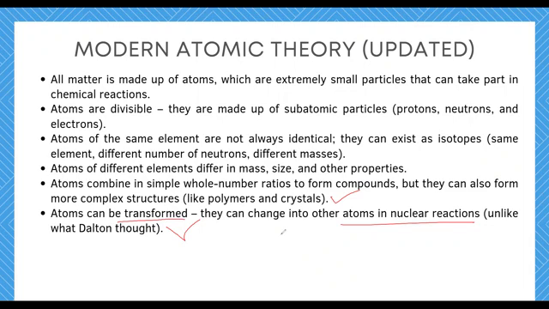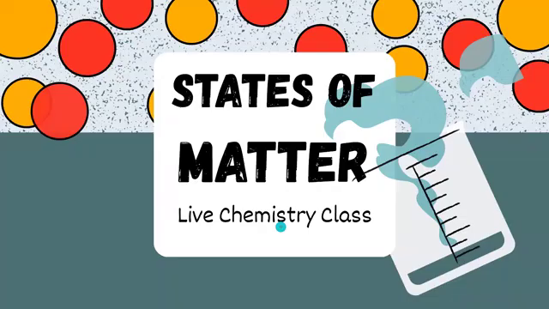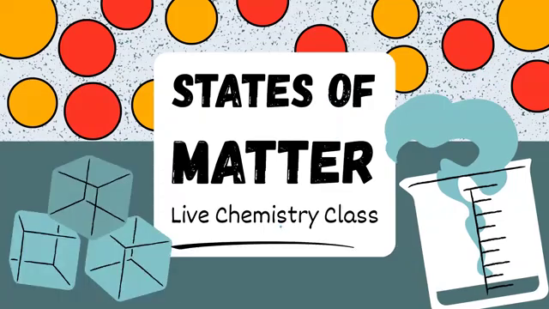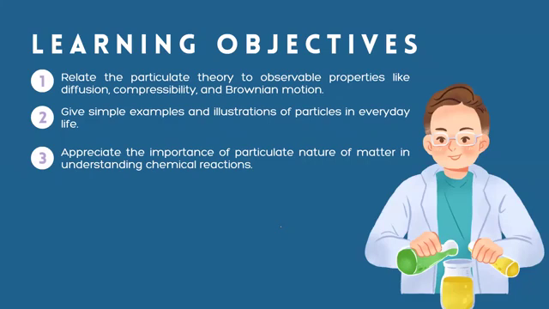Can you see what's on the screen right now? All right, so today we're looking at the states of matter. And at the end of this class, there are some things that I want you to be able to do. I have three objectives that I want us to achieve by the end of today's class.